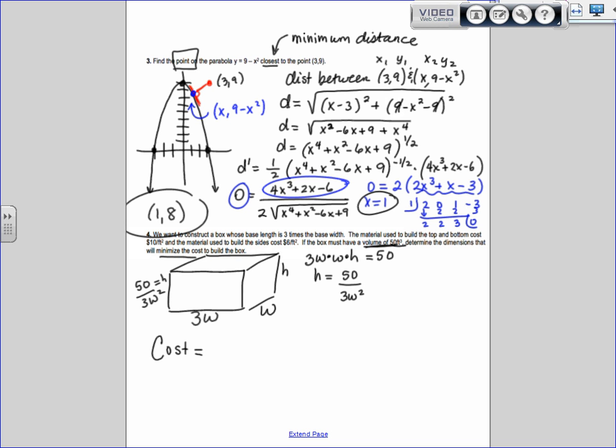The top and the bottom cost $10 per square foot. The area of the top and the bottom, each one, is 3w squared. So you're going to have 3w squared times the $10, but then times 2, because you have both the top and the bottom.